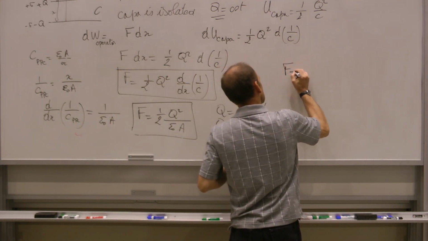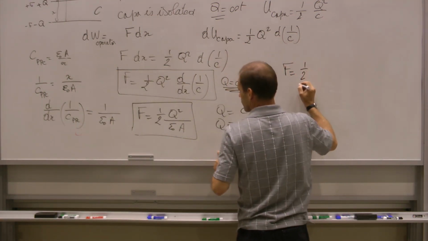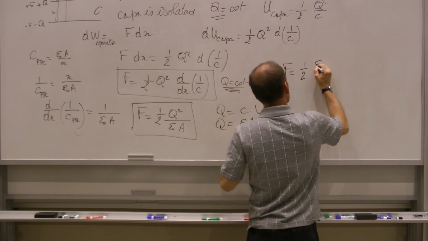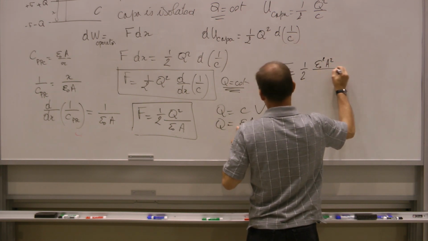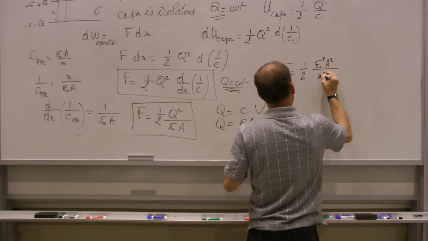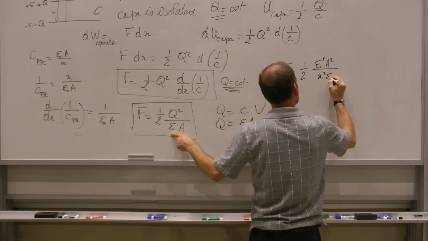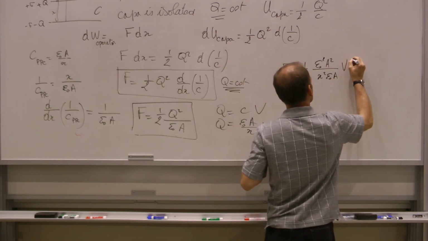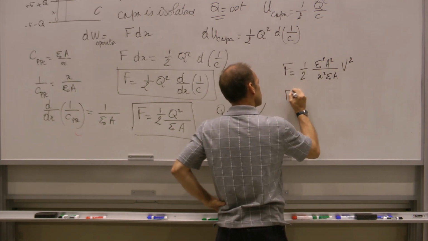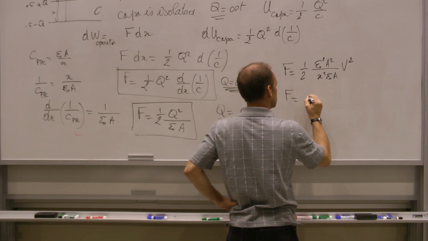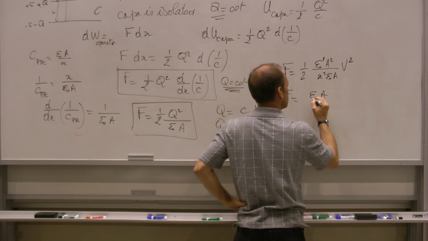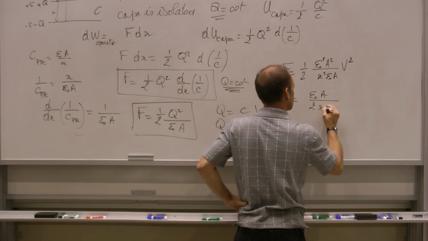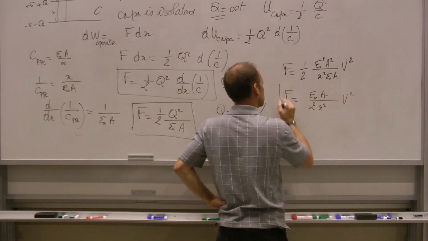So what does the force become? 1/2 Q squared becomes epsilon 0 squared A squared divided by x squared. Then I have an epsilon 0 A that comes from here, and then I multiply this by V squared. So the force is epsilon 0 A divided by 2x squared, times V squared.